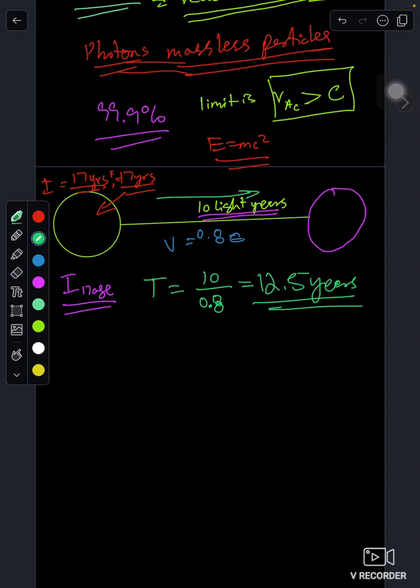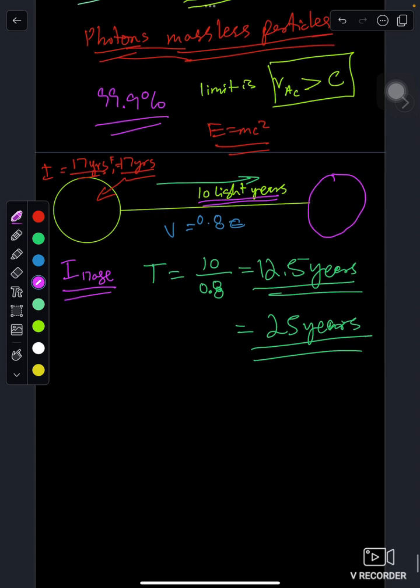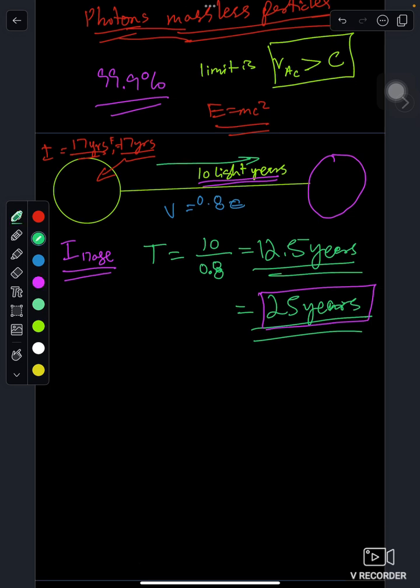If I do a return journey, that would be times 2, so 25 years. So for the Earth observer, 25 years would have passed.